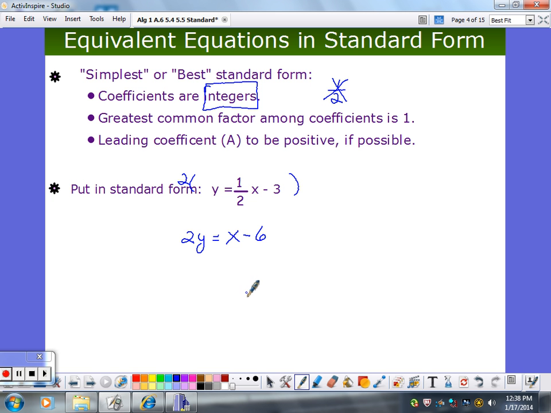Oh, you know what? I forgot to put it in standard form. Is this standard form? No, let's do that. I'm going to do that first because I forgot, and then we'll come back and do that again. All right, so let's put it in standard form. This is slope-intercept form, isn't it? How do I turn slope-intercept into standard form?